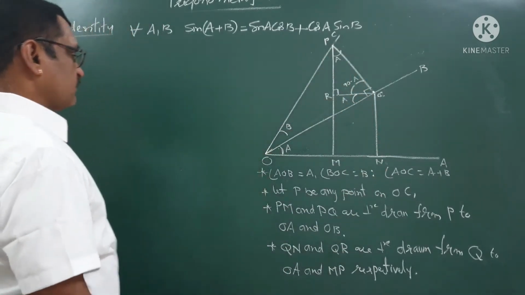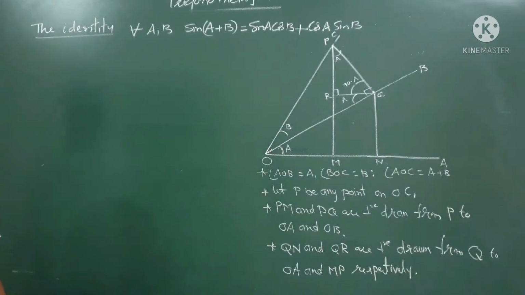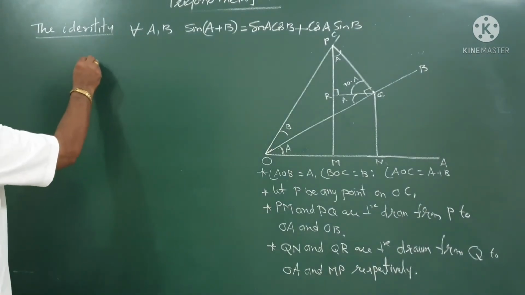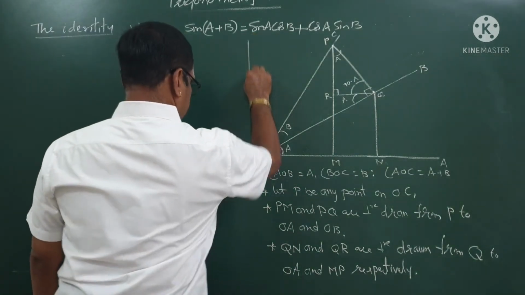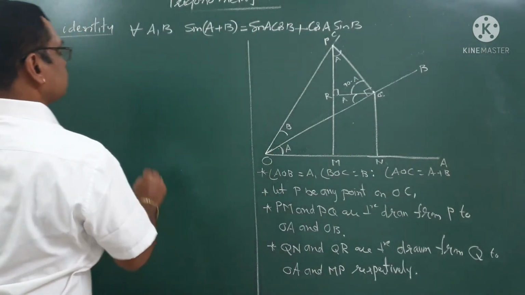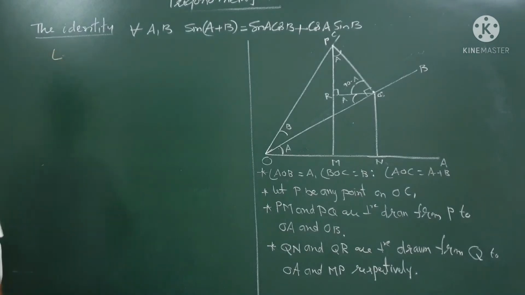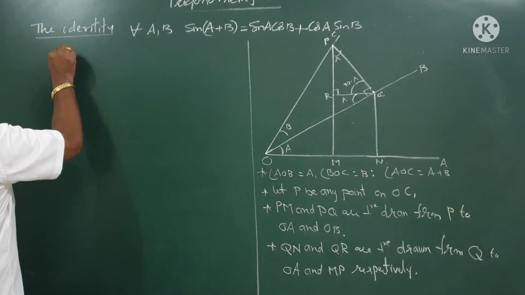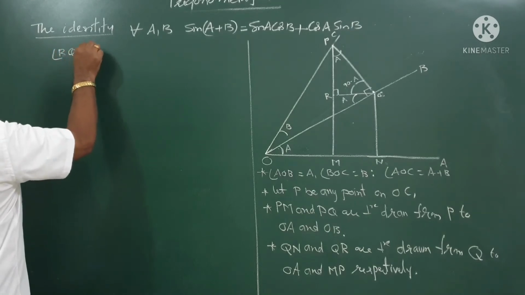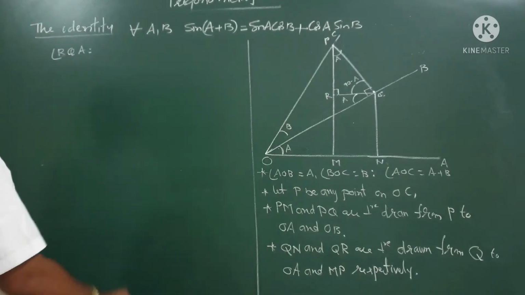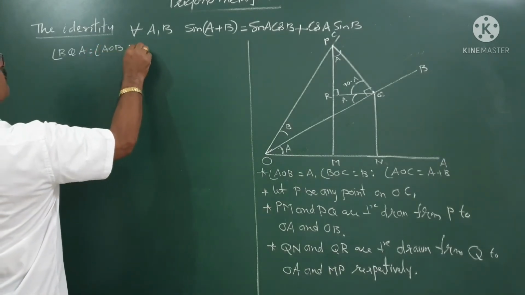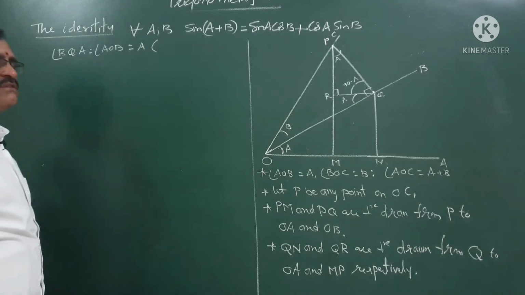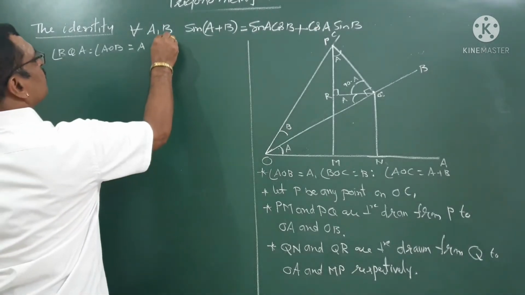So, let's take it carefully. Now, angle RQA is equal to angle AOB is equal to A. How? They are alternate angles.